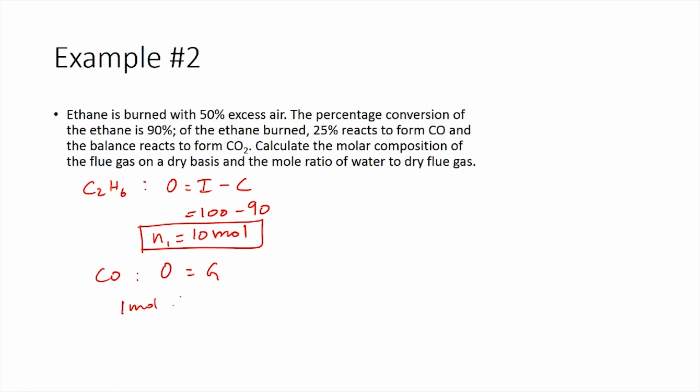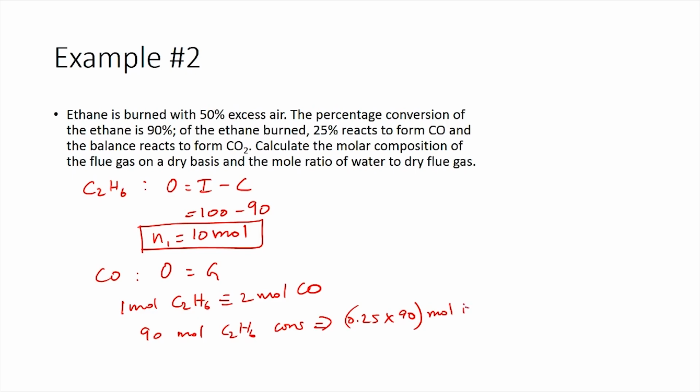We know that 1 mole of C2H6 produces 2 moles of carbon monoxide. So, the amount of ethane consumed for this reaction times 2 would be the amount of carbon monoxide generated. We know that 90 moles of ethane is consumed. This implies 0.25 times 90 moles is partially combusted.